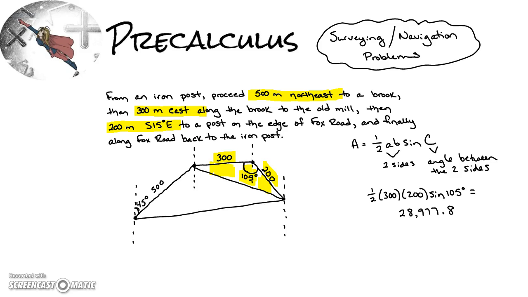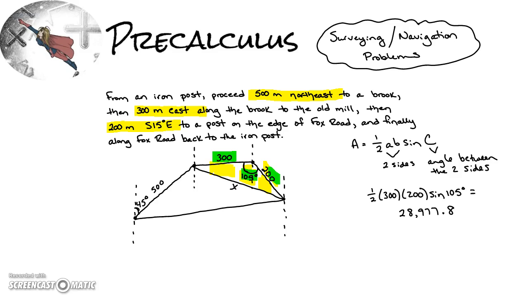Now we need to find the area of the other big triangle. One thing that we could do though is find the length of this side right here because it's a side of both triangles. Now, I could find the length of that side by doing the law of cosines with these numbers using the 300, the 200, and the 105. So I'm going to be using those again.